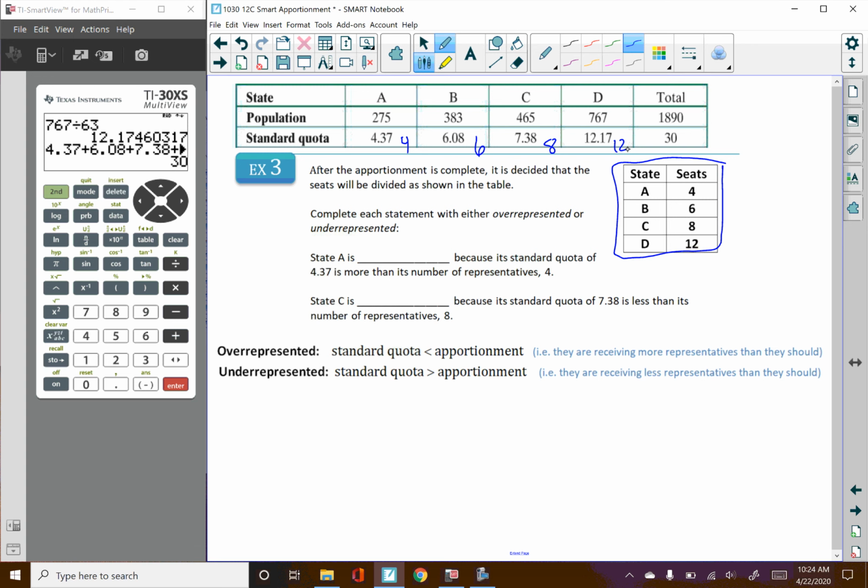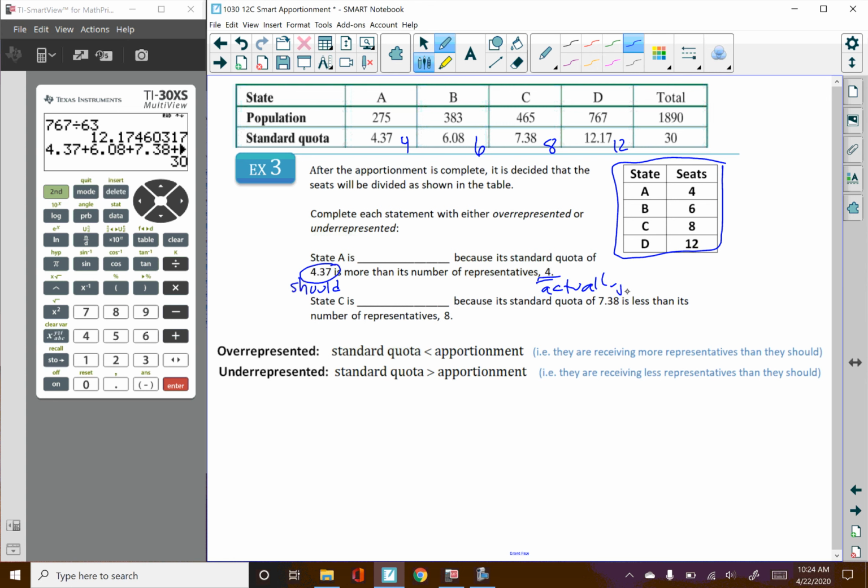We need to complete these statements with either the word overrepresented or the word underrepresented for state A and state C. So state A is either over or underrepresented because its standard quota of 4.37 is more than its number of representatives. So the standard quota is how many they should get in theory, and this is what they actually get.